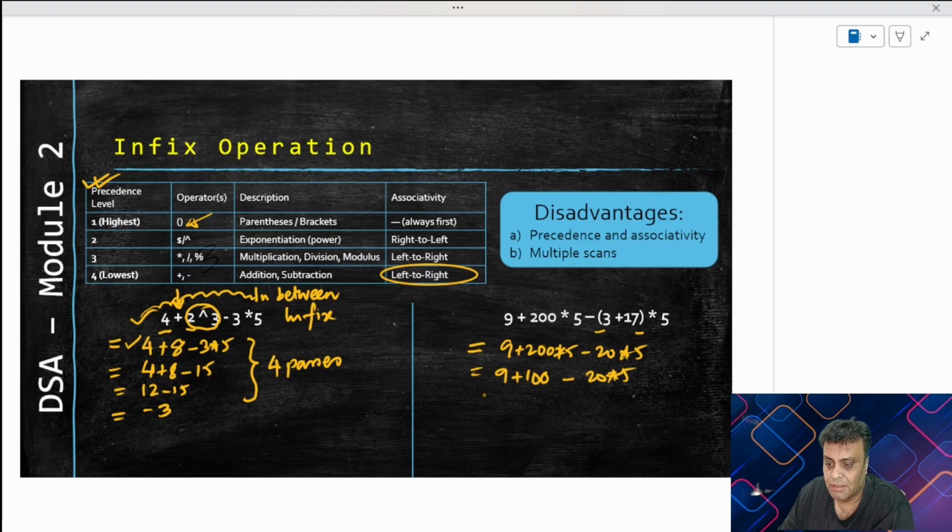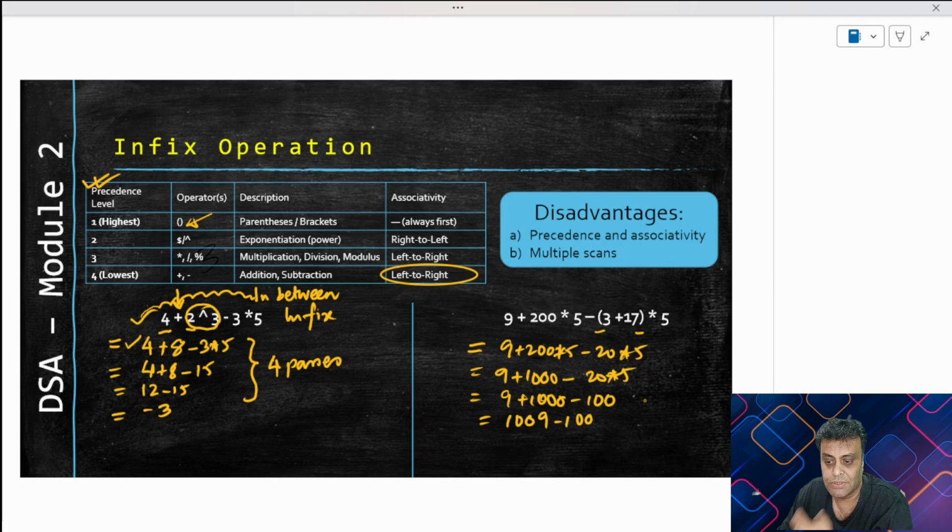I'm sorry, this will be 1000, and then we will have minus 20 into 5, and then we will evaluate the star here. So 9 plus 1000 minus 100, and then plus and minus have the same precedence. So we will say 1009 minus 100.